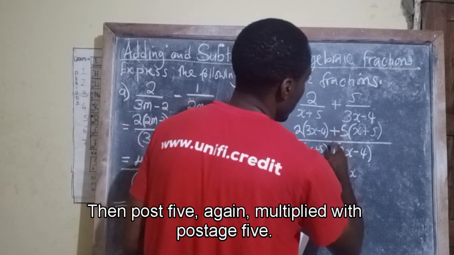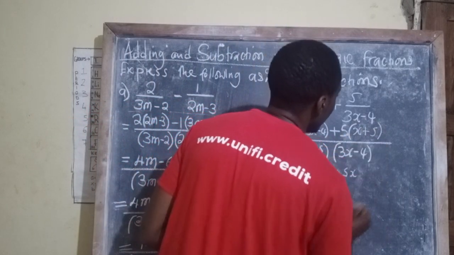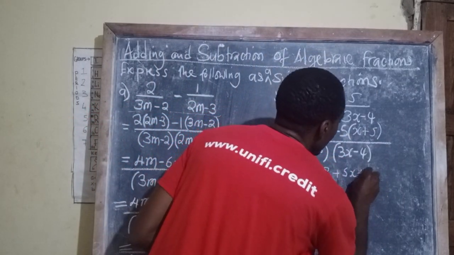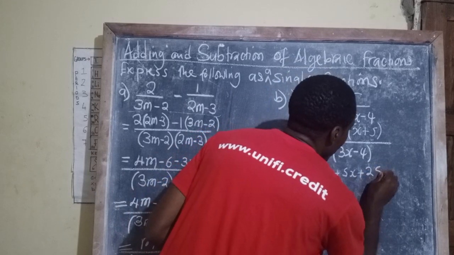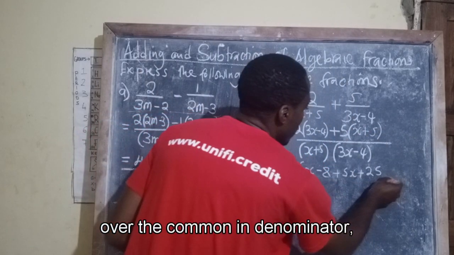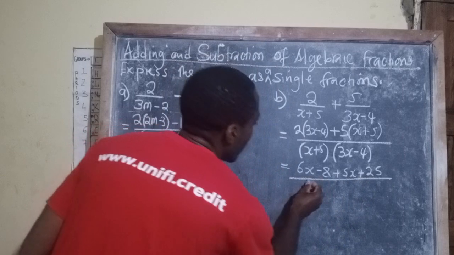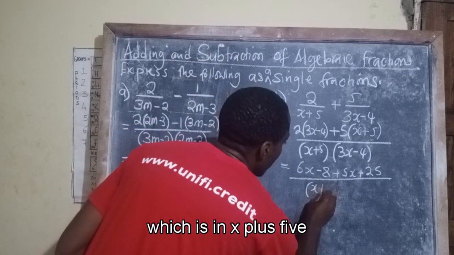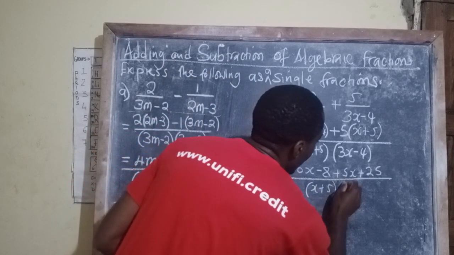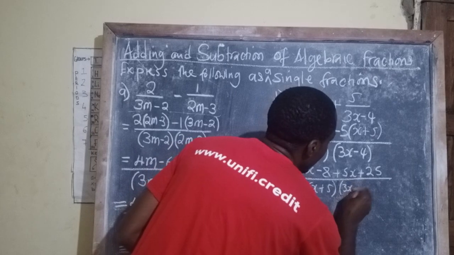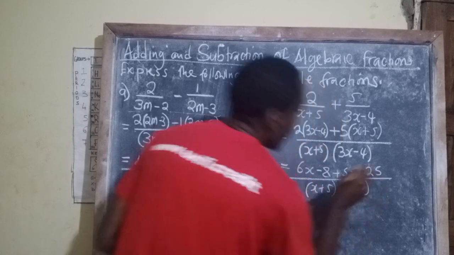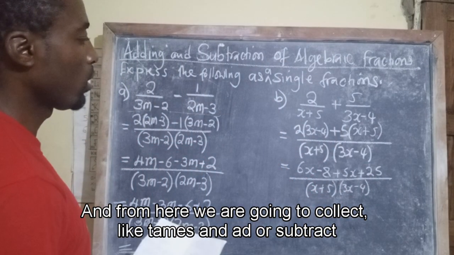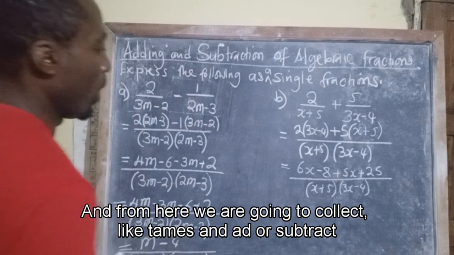Then positive 5 again multiplied with positive 5, we are going to have positive 25. Okay. Over the common denominator, which is x plus 5 and 3x minus 4. Okay. Then from here we are going to collect like terms and add or subtract.